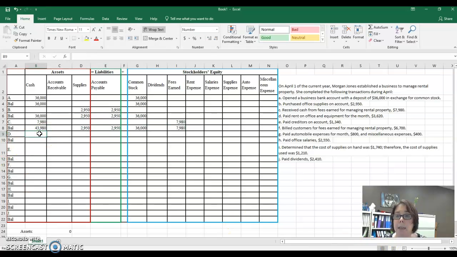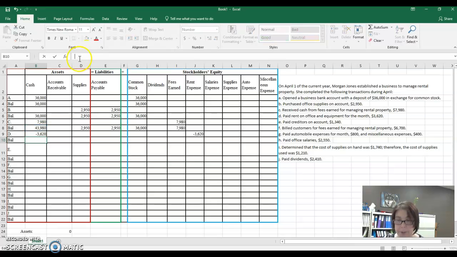In D, we paid rent on office and equipment for the month. When we paid, we need to reduce our cash. It was for rent, so we need to put it in as a minus, so we understand that it actually reduces any money that we have.